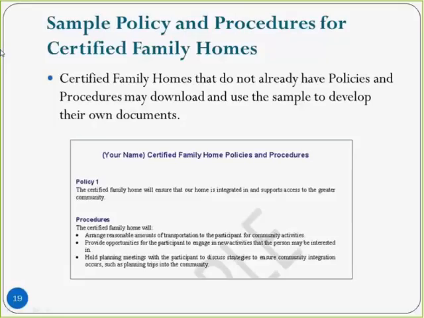So the certified family home will arrange reasonable amounts of transportation to the participant for community activities, provide opportunities for the participant to engage in new activities that the person may be interested in, and hold planning meetings within the home where the participant lives with the participant to discuss strategies to ensure community integration occurs, such as planning trips into the community and different types of activities.